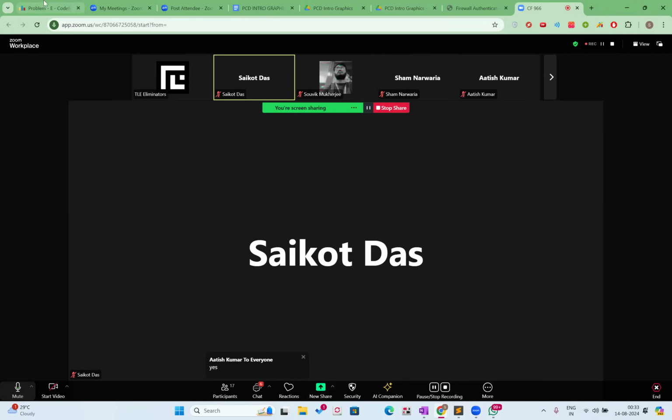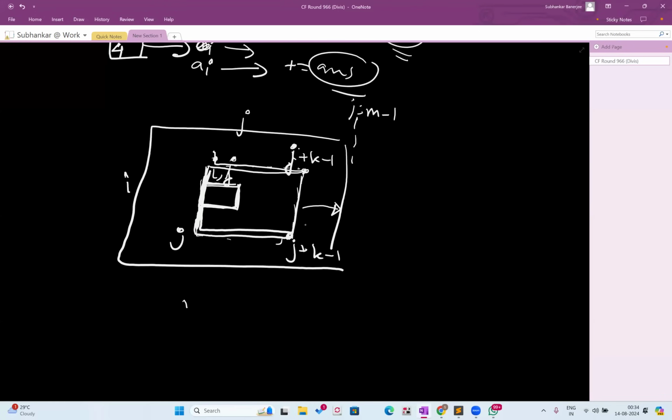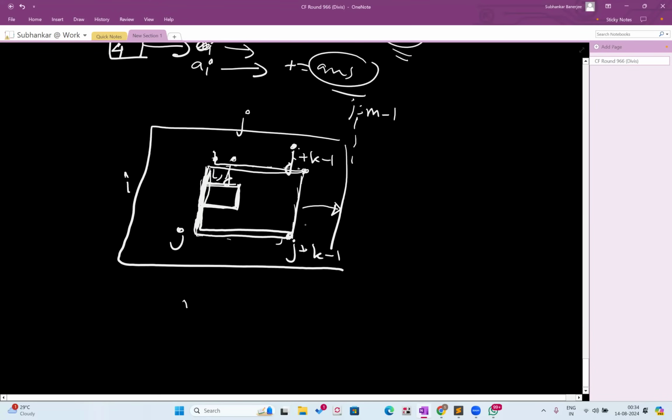So I'll just resume. So basically, I'm putting the left border at j, then my right border can go up to j plus k minus 1. But this cannot exceed m minus 1. So if that exists, I'll just take the minimum.